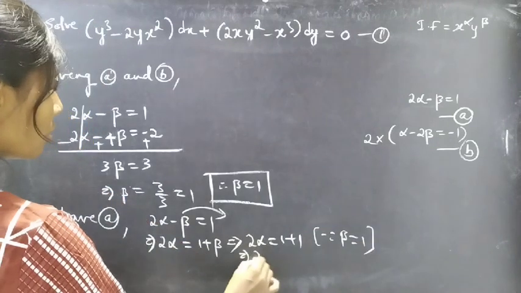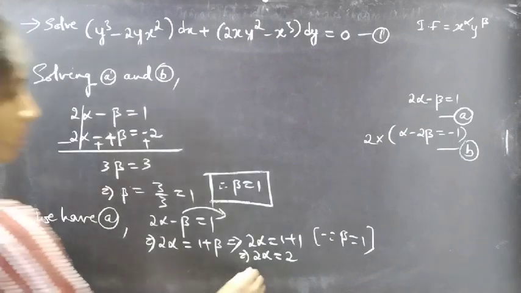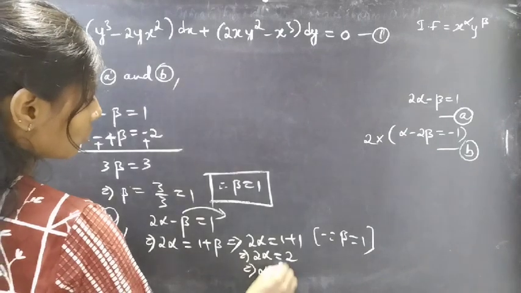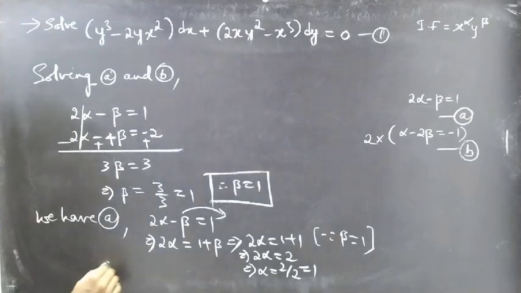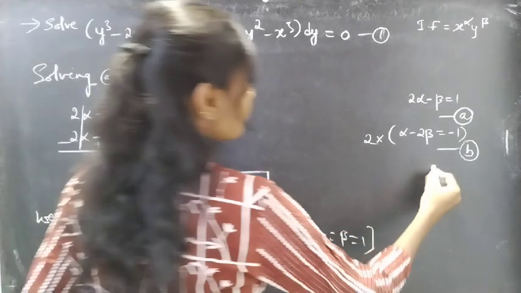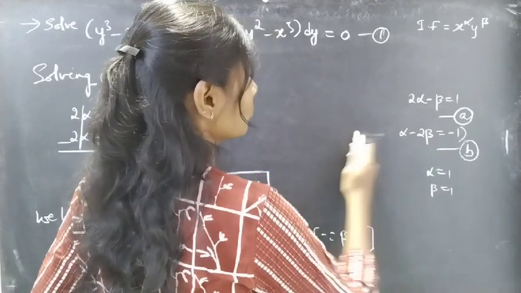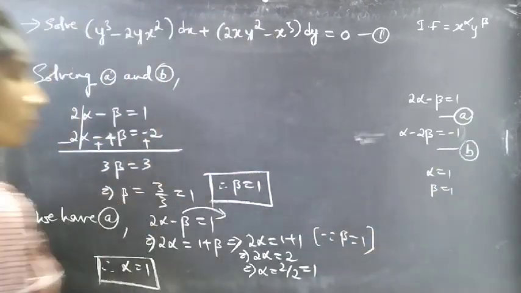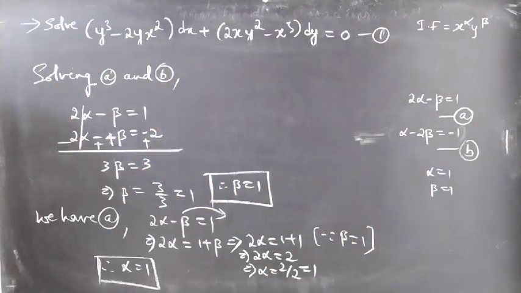This gives us 2α equal to 2. From this we'll get α equal to 2/2, which is 1. Therefore, α equal to 1. So we got the values of α and β: α equal to 1, β equal to 1. Now coming to the integrating factor.